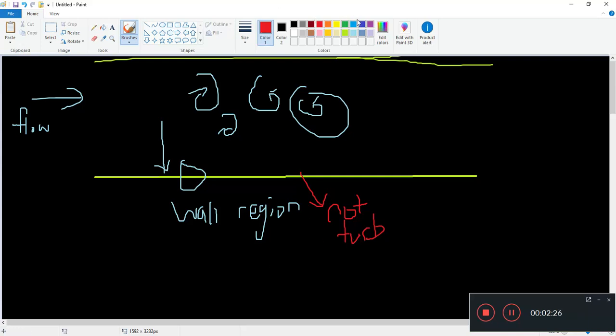So the term for it is called a viscous sublayer. Now this is a viscous sublayer.